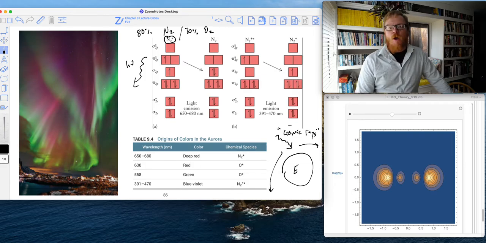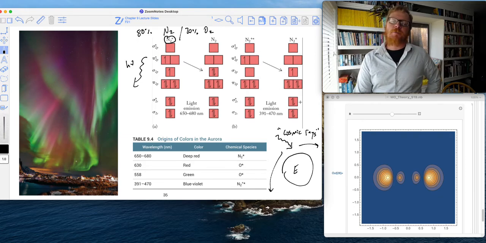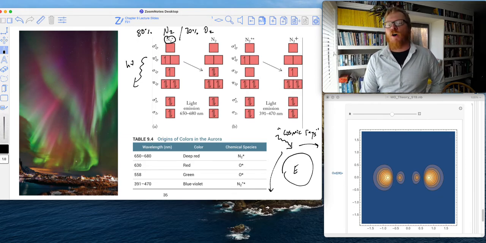Okay. Also, another color that's observed, these cosmic rays can also ionize nitrogen. So notice now that's N2 plus. So it removes one electron. So you can see our ground state nitrogen molecule. And then here's N2 plus. We've removed one electron. And not only can it ionize nitrogen, but it can also elevate it to an excited state, right?